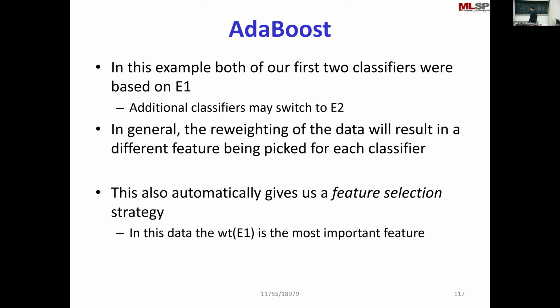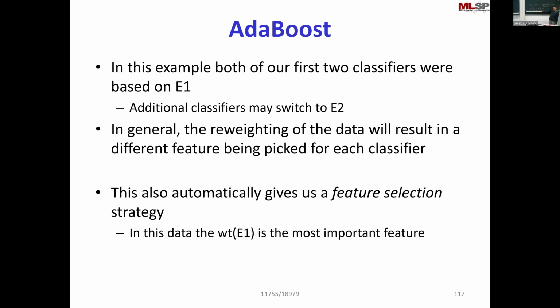There you find, in the case of the threshold-based classifiers, you get something interesting. Let's say the features I chose for my sequence of classifiers were feature F1, F1, F2, F1, F2, F2, and so on. And then I had the corresponding weights, because each classifier has its own weight.